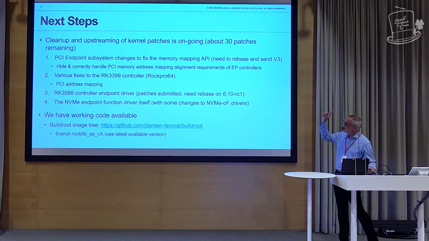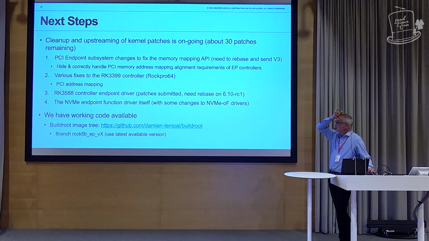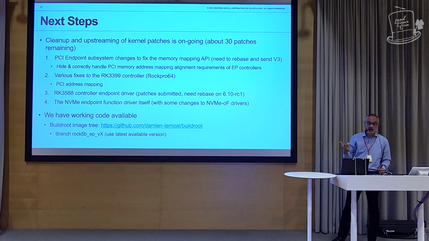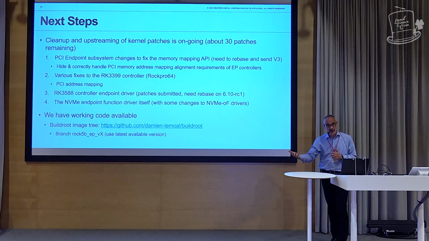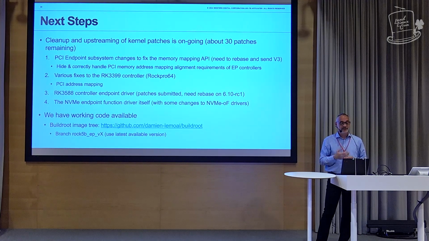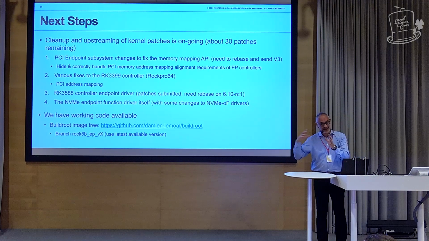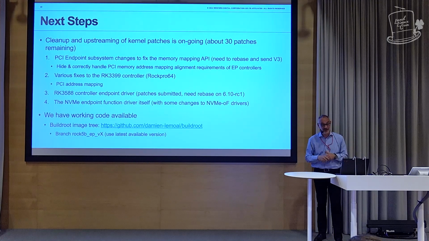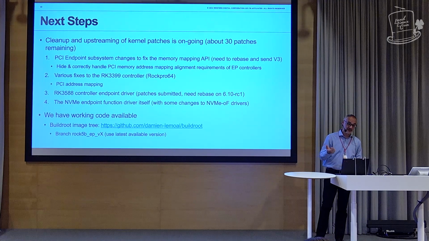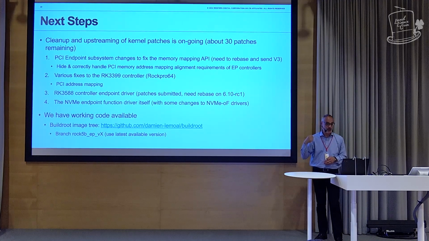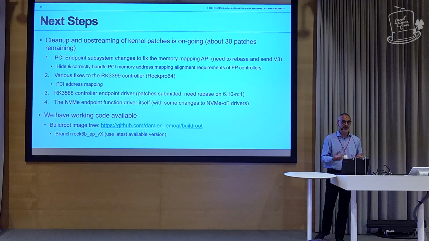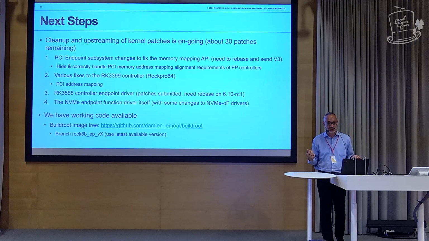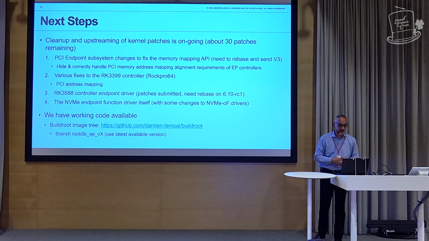The first one is a lot of fixes to the PCI Endpoint subsystem around the memory mapping API, because it turned out that this API, despite the goal of being controller independent, ended up exposing directly the mapping alignment constraint of controllers to the endpoint functions, meaning that depending on the controller you were using, you had to do mapping differently, which was not acceptable.